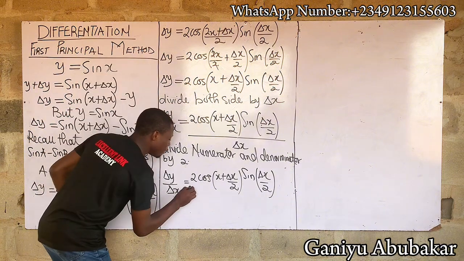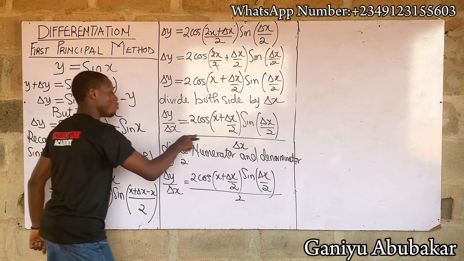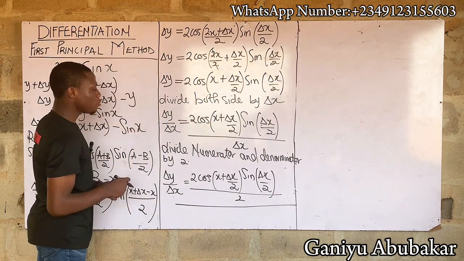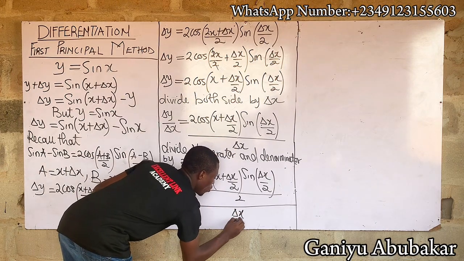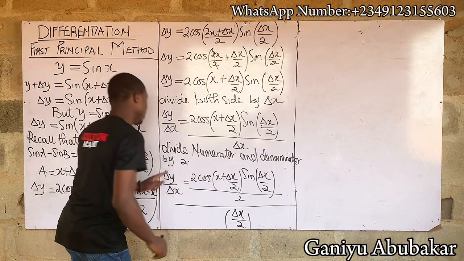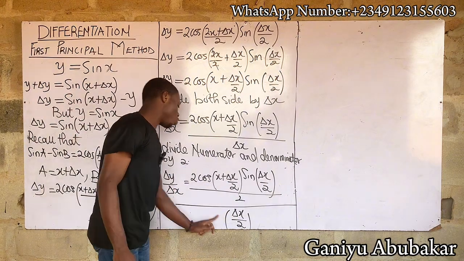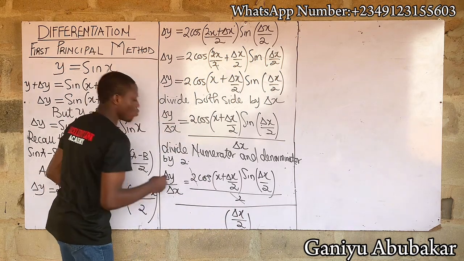We said divide the numerator by 2 first, all over the denominator. What's my denominator? Just change in x, I'll have change in x over 2. We said divide the numerator by 2, the denominator by 2. So from here, this one will cancel this one.